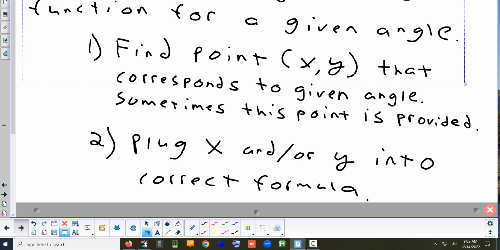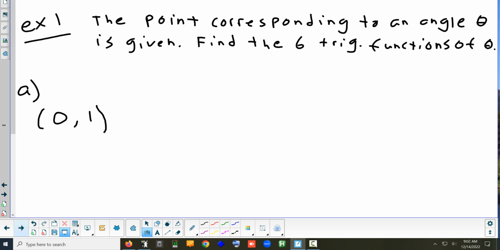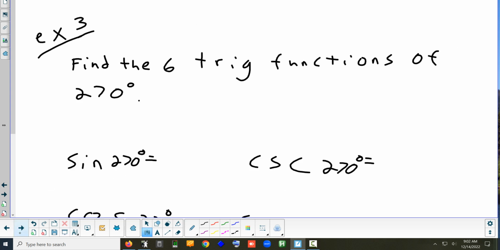Let's try a question. It says the point that represents an angle is given below. Use this to find the 6 trig functions. The most important thing that they can give you in the problem is the coordinate. If they give you an angle, that's not what you need.